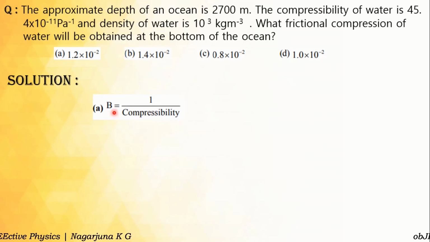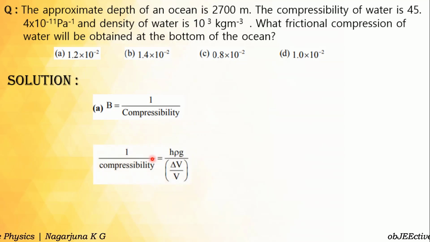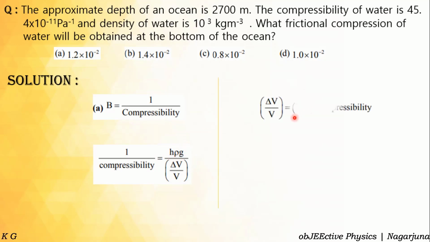Bulk modulus B is equal to 1 divided by compressibility, or 1 by compressibility is equal to P divided by delta V by V, where P is equal to H rho G, hydrostatic pressure. From here, delta V by V is equal to, by cross multiplication, H rho G into compressibility.